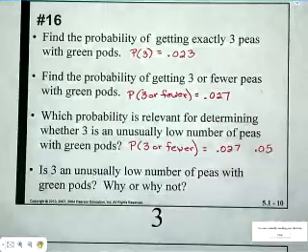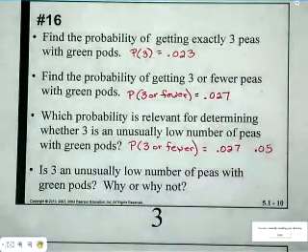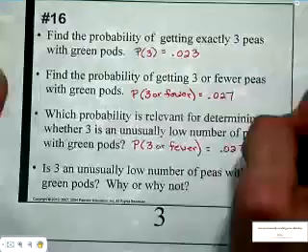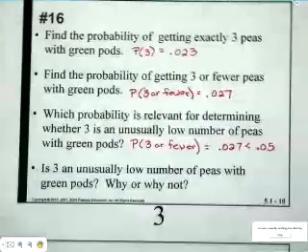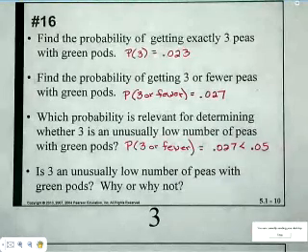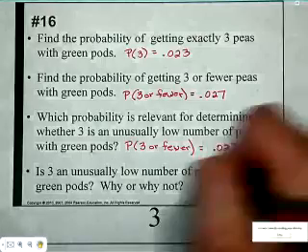How does that compare with 0.05? Less than, greater than, equal to? Less than. If the probability of 3 or fewer is less than 0.05, then is 3 an unusually low number of peas with green pods? Yes.